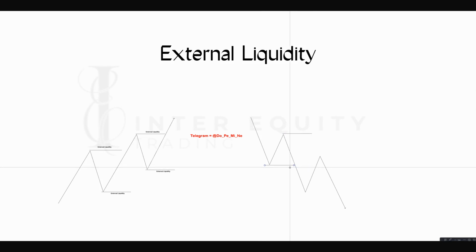Same thing goes for this. That's your external liquidity. This is also your external liquidity. And this one right here is also your external liquidity. I drew it out for you guys so you have a better understanding of what it looks like.